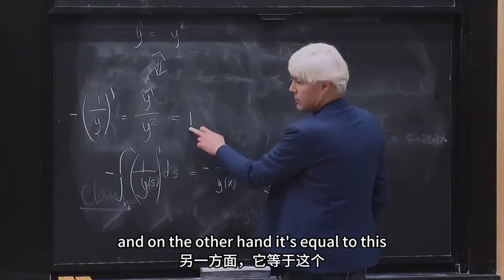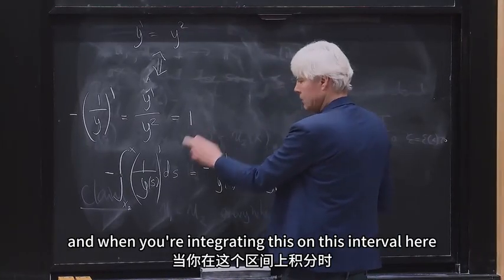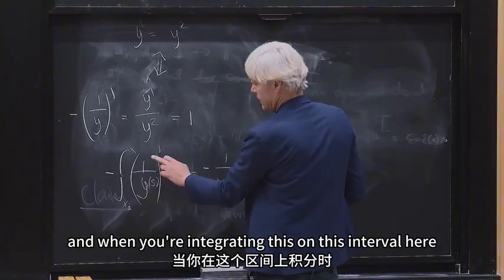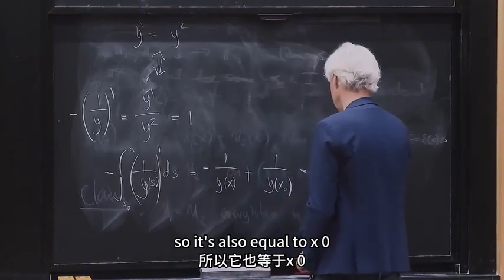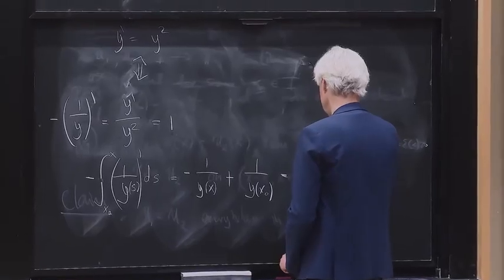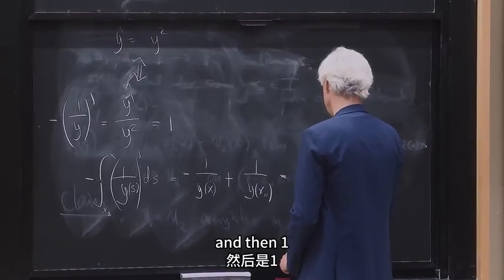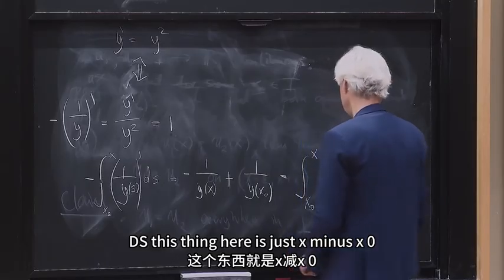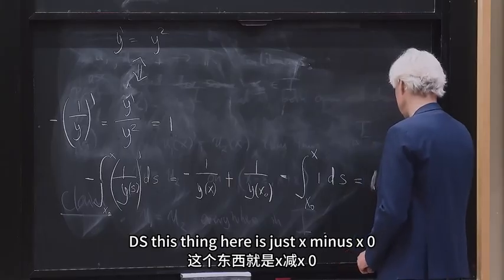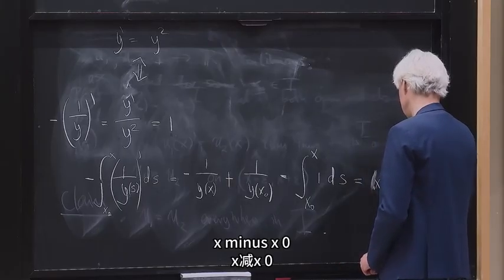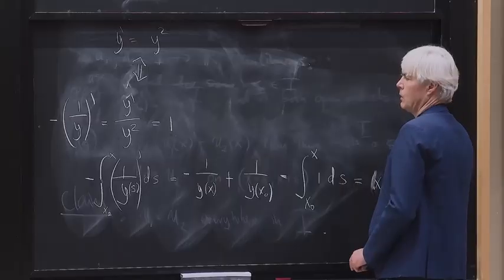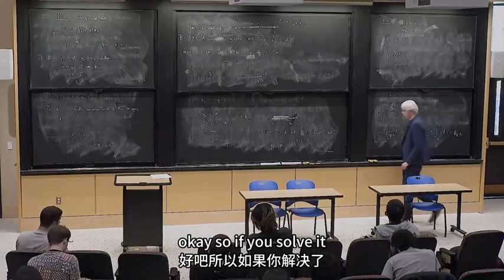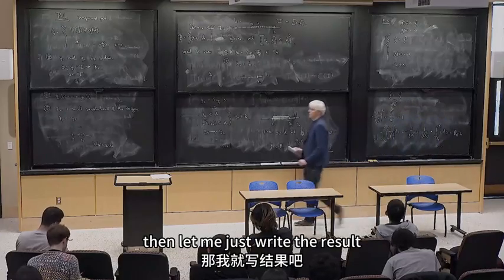And on the other hand, it's equal to this. When you're integrating this on this interval, it's also equal to the integral from x0 to x of 1 ds. This thing here is just x minus x0. Okay?